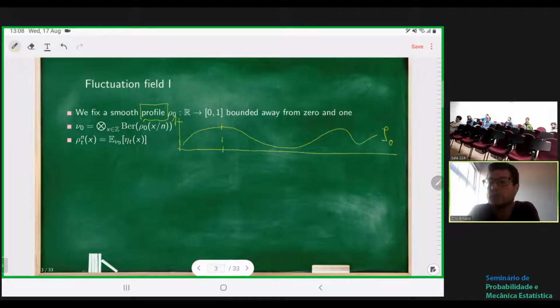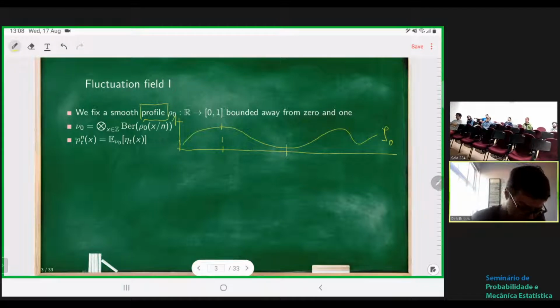So the more chance you have to find a particle at this spot. And the lower the value, the chance to find a particle there initially decreases. So this is a standard way of looking at the initial measure for the exclusion process, which is not in equilibrium.